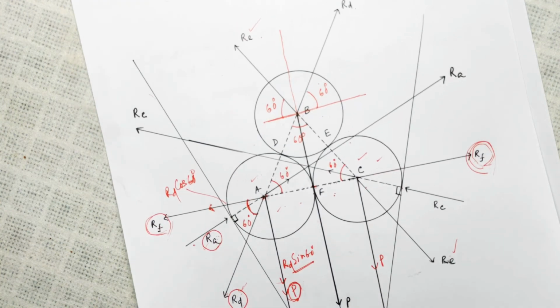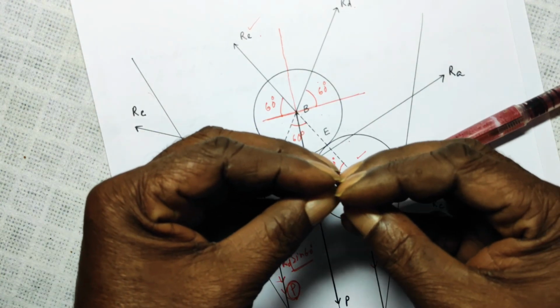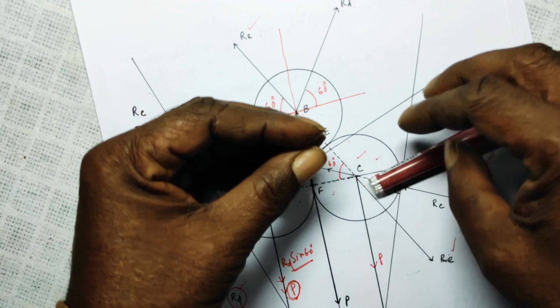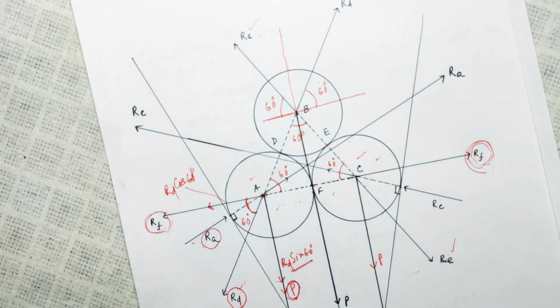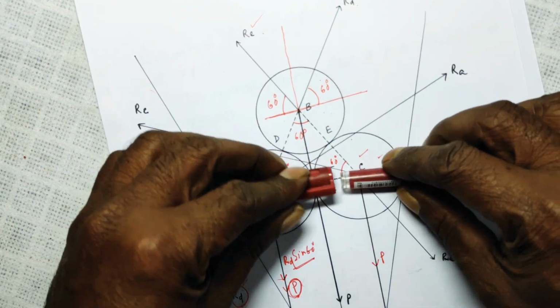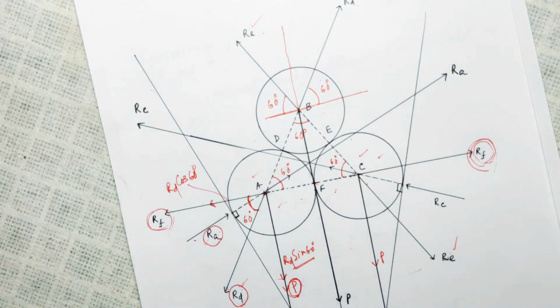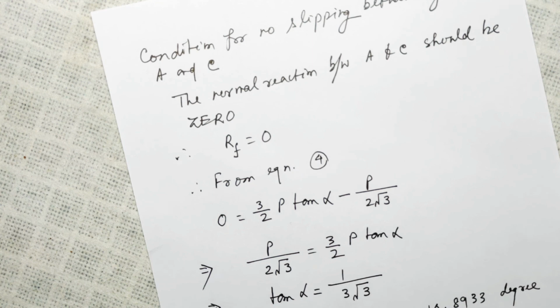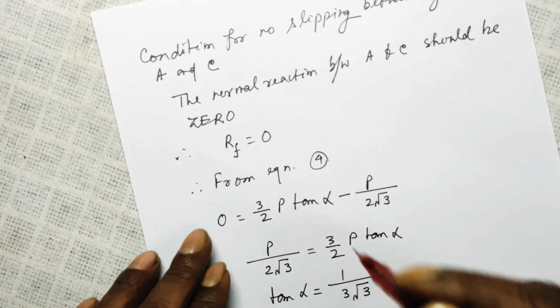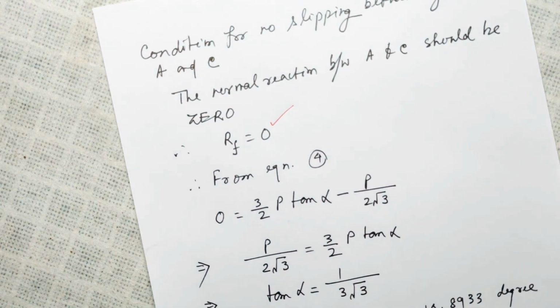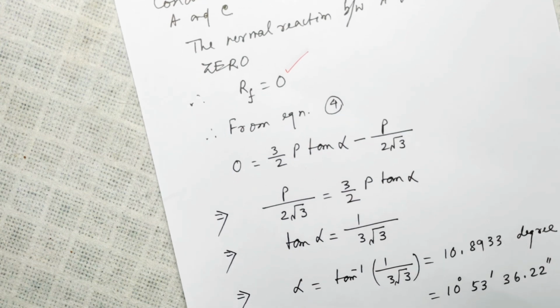So if they are not slipping, then your action reaction force, that is RF, vanishes. The normal reaction between A and C should be 0.